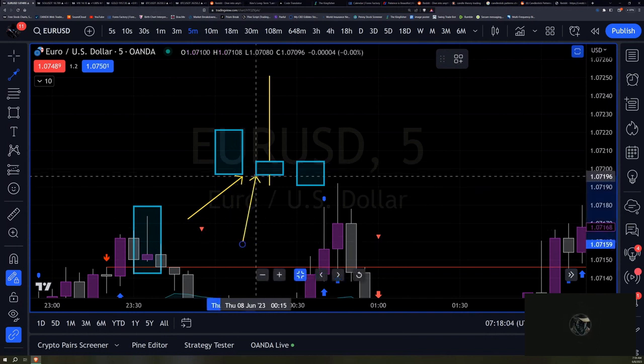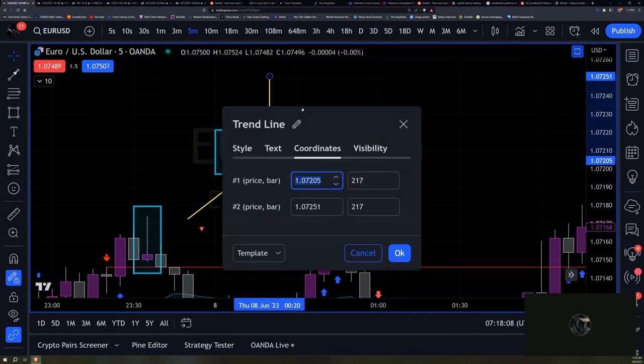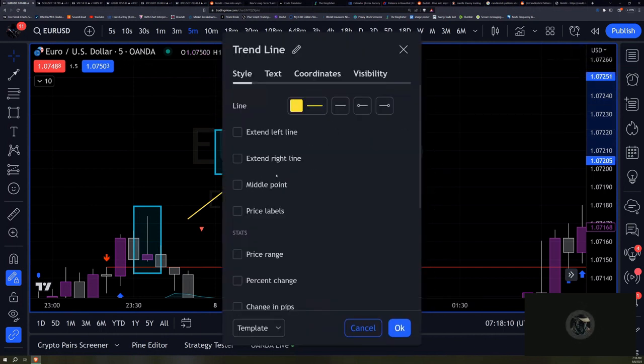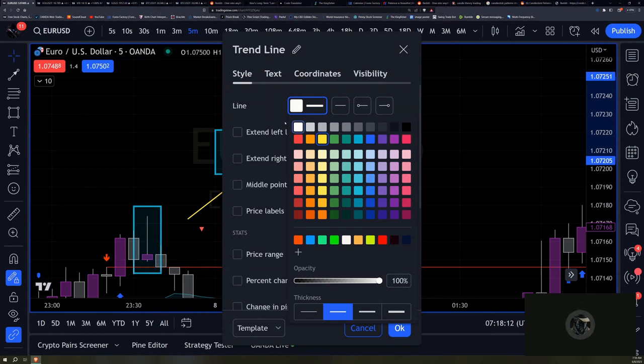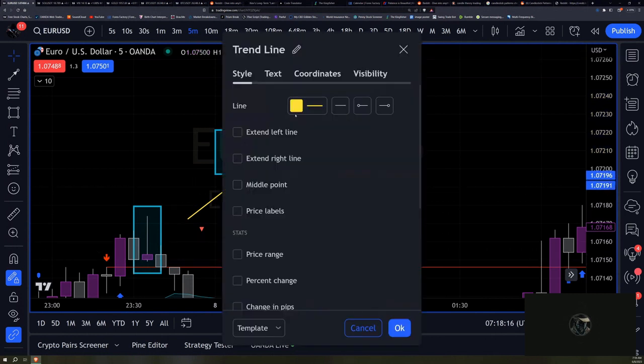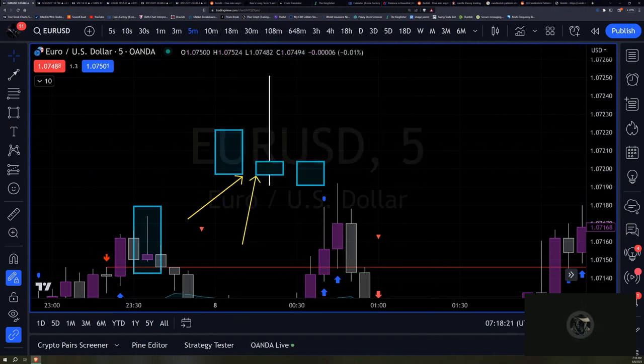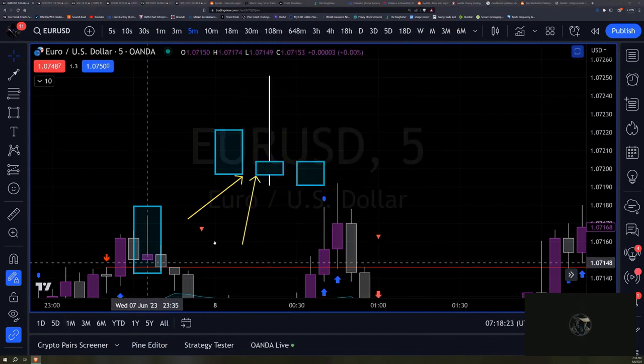Let me make this white just to differentiate between my arrows and the wick of the candle.